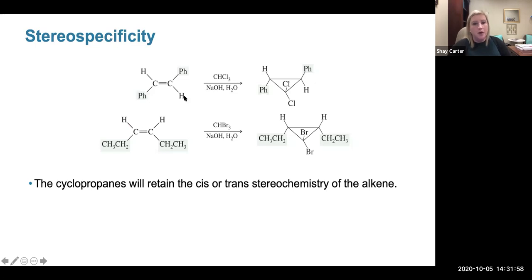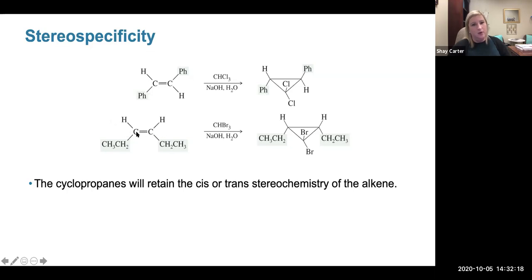So cyclopropanes retain the cis or trans stereochemistry of the alkene. If we have an alkene that is trans, then our cyclopropane will also be trans in stereochemistry.